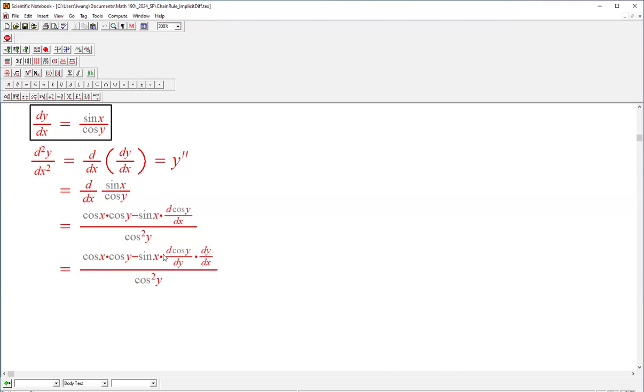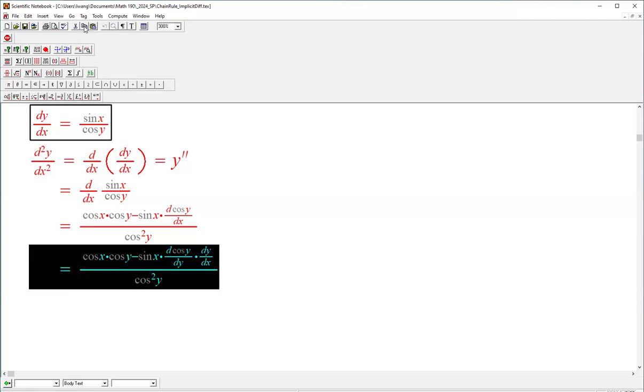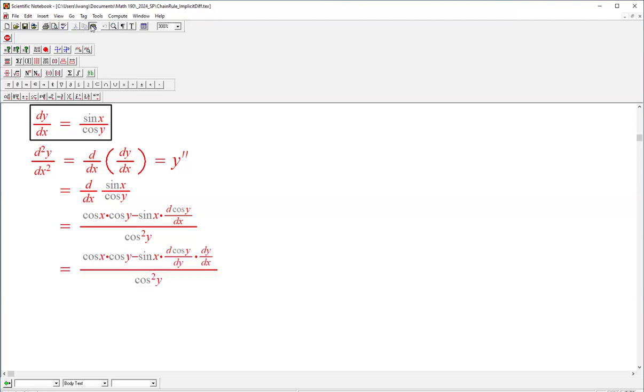And now this piece is going to be negative. I'm writing on the next step. And this part is going to be the derivative of cosine y, which is negative sine y, with respect to y. So this piece is right here.